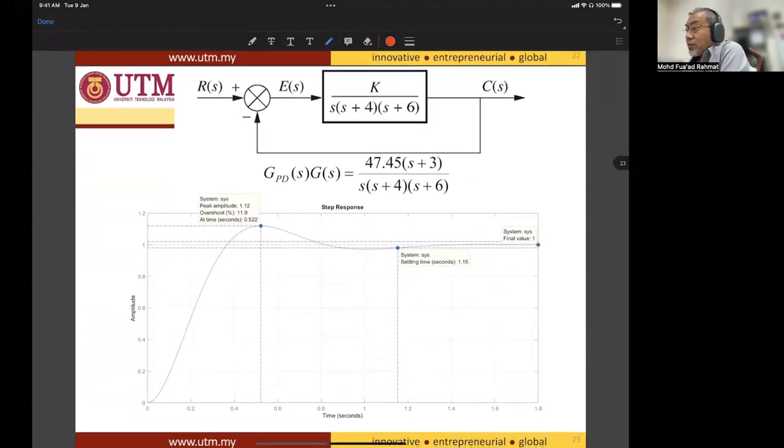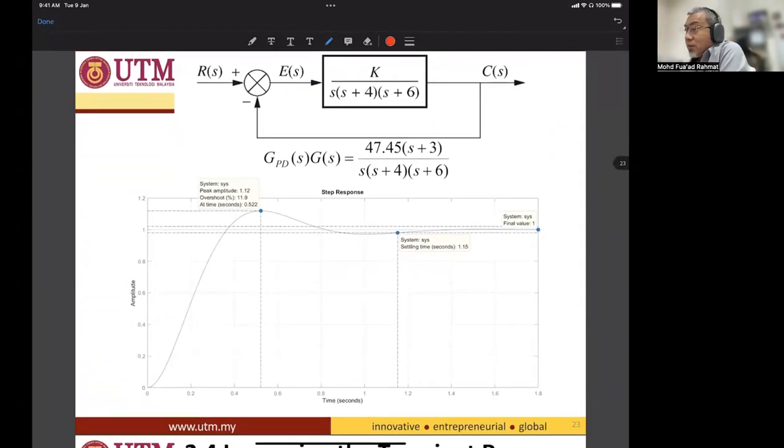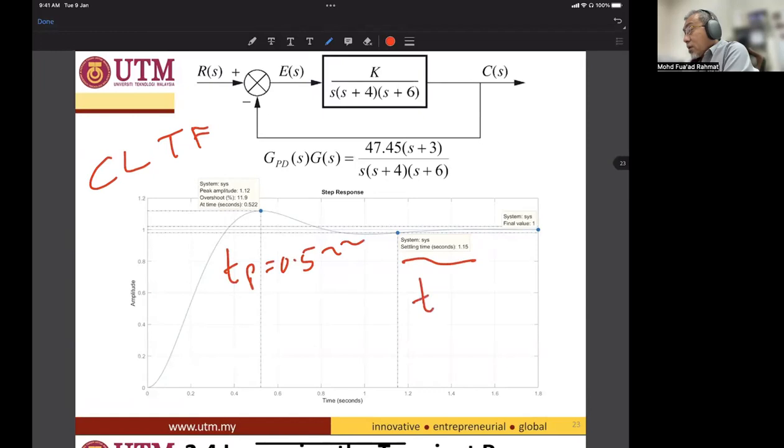And the time response with the PD controller, closed loop transfer function: peak time 0.522, and settling time 1.15.